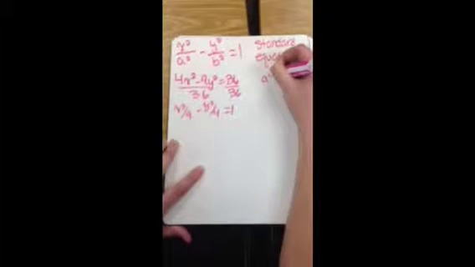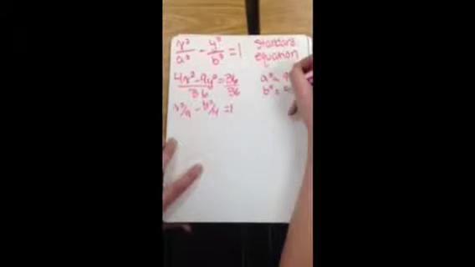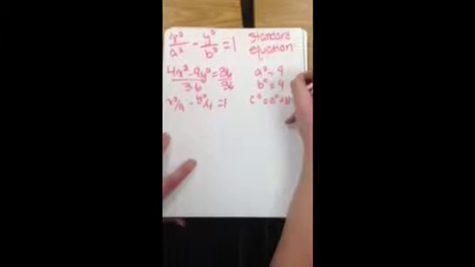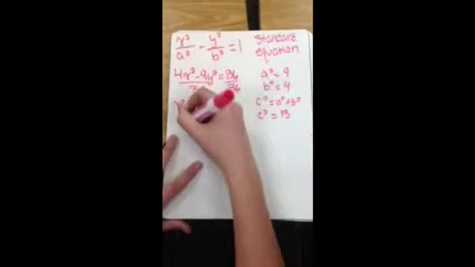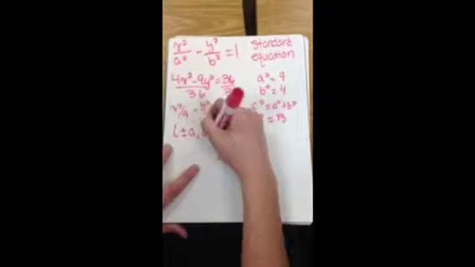Therefore a squared equals 9, b squared equals 4, and c squared equals a squared plus b squared, so c squared equals 13.